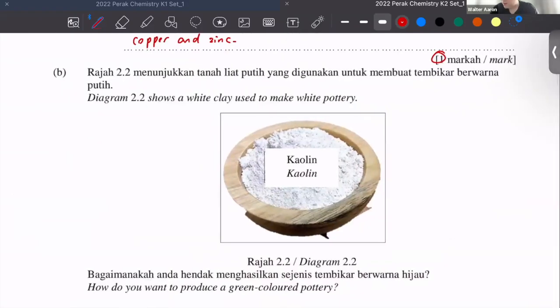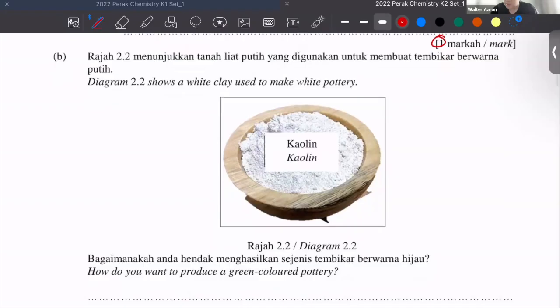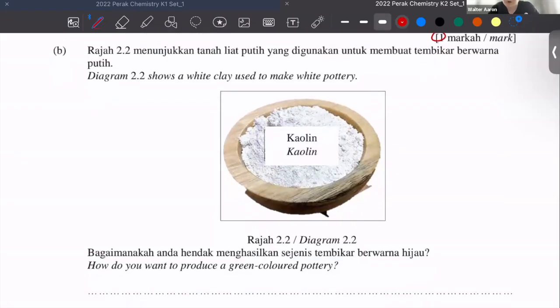Diagram 2.2 shows a white clay used to make white pottery, which is called kaolin. And how do you want to produce a green colored pottery? So usually if you want to make a pottery or a ceramic material that is made up of colors, so sometimes you see the pots and also the flower vase and everything else that you put plants, they can be in different colors, right?